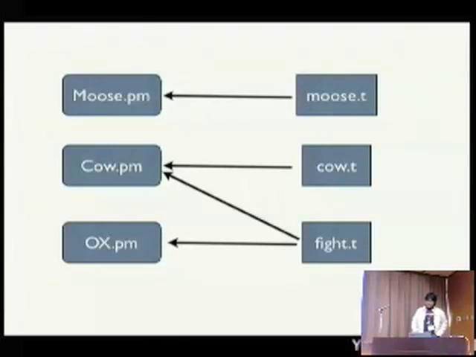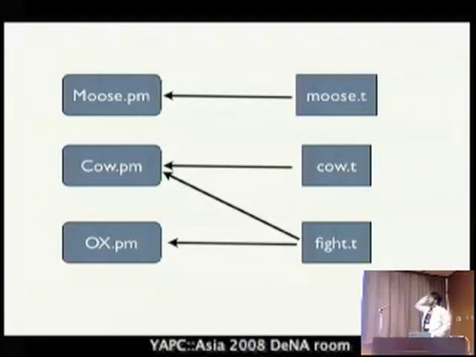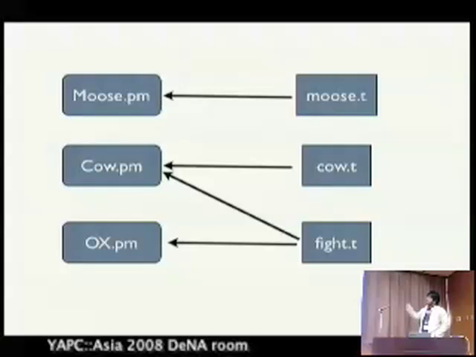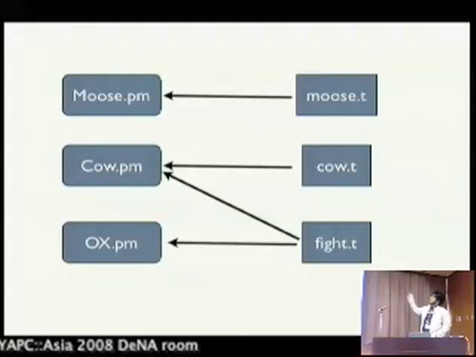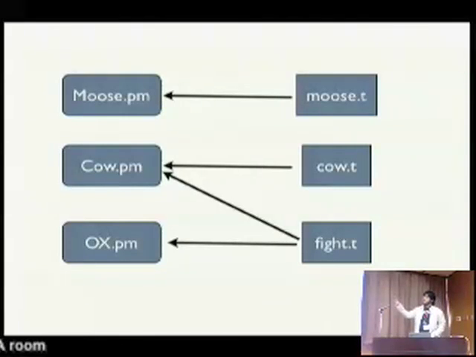Say I have three modules in my distribution: moose, cow, and ox. And I have several test files to test them. moose.t tests moose.pm, and cow.t tests cow.pm, and then there's fight.t that uses two different modules.